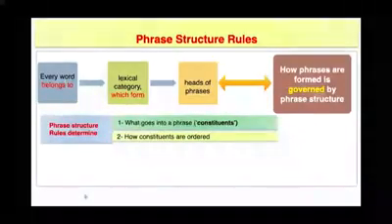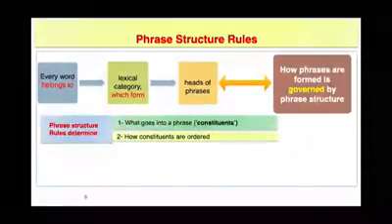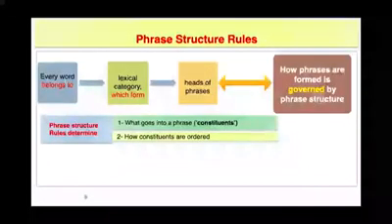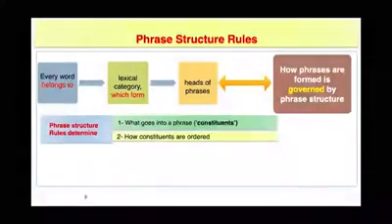Now, phrase structure rules determine 2 things. They determine what goes into a phrase, which means what are the words, the different lexical categories that go into a phrase, but also how do we organize those lexical categories? How do we put them together in order for them to be considered as a constituent? And if you remember, in the previous episode, we have defined the constituents as a set of words or a string of words that constitute one unit.